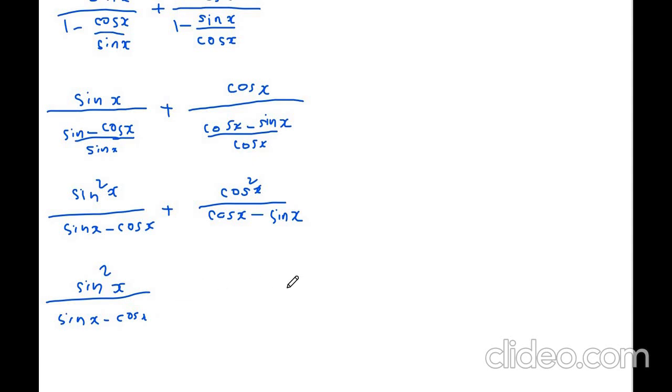Now if we change this to negative, then what happens is we can write the denominator as sine x minus cos x. Basically, we're factoring -1 out so that we have the same denominator, and then we can combine the two together.